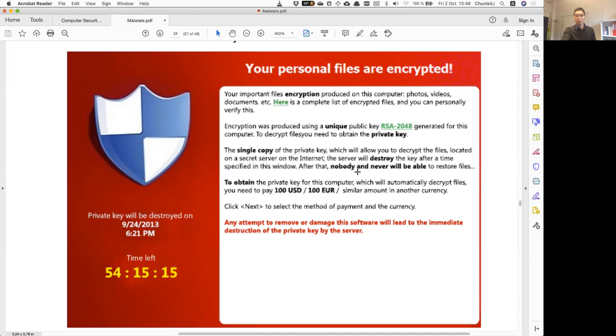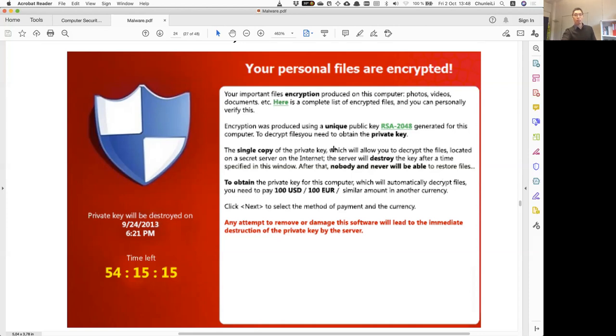And after that, nobody will ever be able to restore the files, because these private keys are deleted. And some of this ransomware even gives you a hint and some of the private keys to convince the victim that they do have all the private keys.